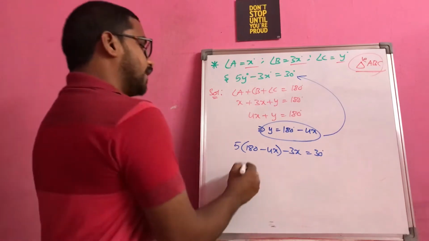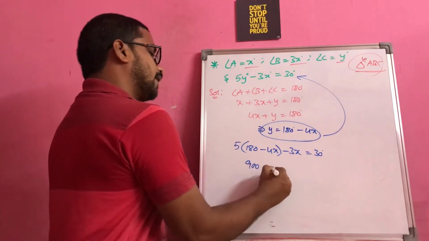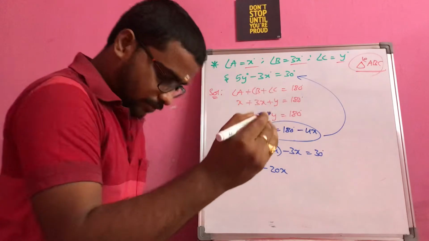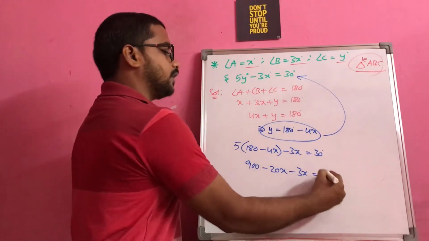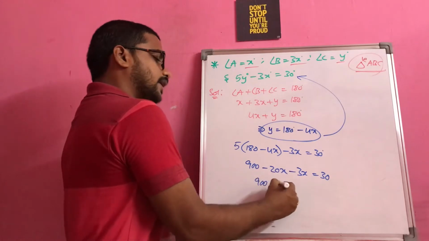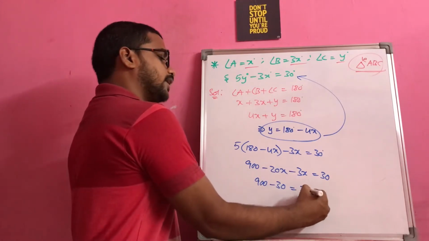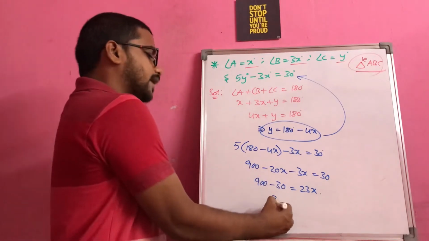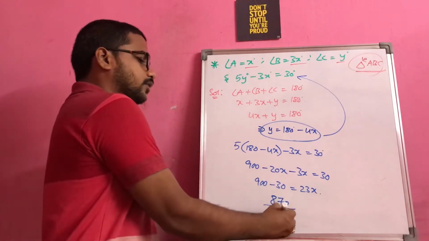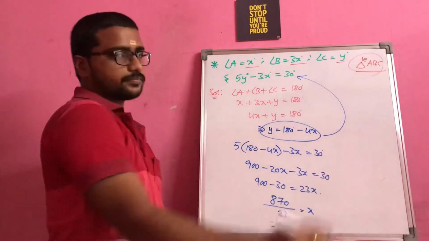So 5 into 180 means 900 minus 20x minus 3x is equal to 30. So 900 minus 30 is equal to 23x. So 900 minus 30 means 870 by 23 is equal to x.